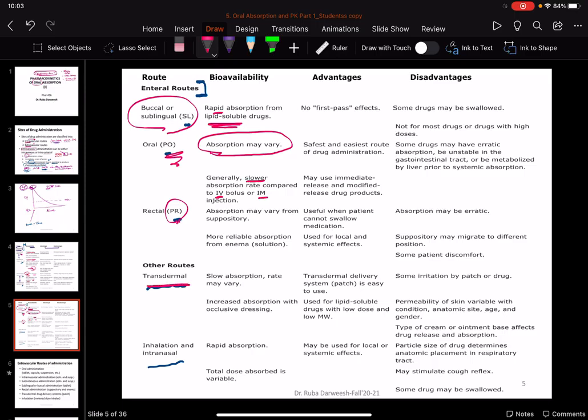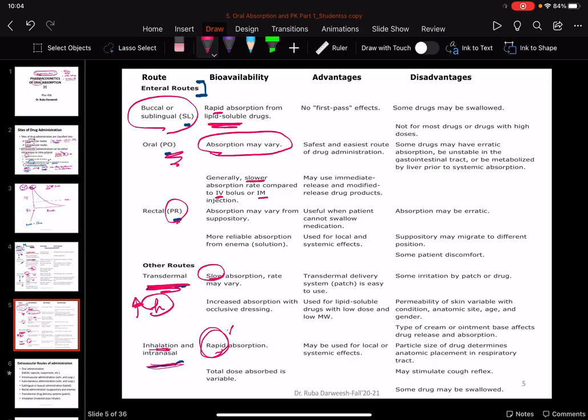Okay, and we know for the transdermal, it's usually a slow absorption because we have a large thickness of the membrane. When we are talking about nasal or pulmonary, usually the absorption is rapid, and this is one of the advantages of the pulmonary or intranasal absorption. But we have some major challenges for pulmonary and intranasal drug delivery, because usually we have a problem delivering the drug or the formulation to the lungs or the intranasal passages.